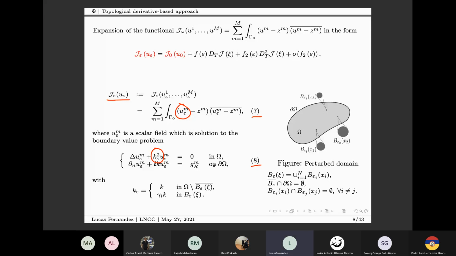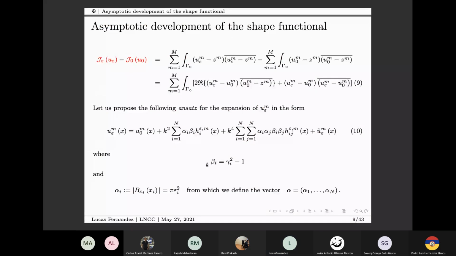So I propose the following asymptotic expansion with respect to epsilon for the scalar field u epsilon, as given in 10. I have new elements here that need to be clarified.